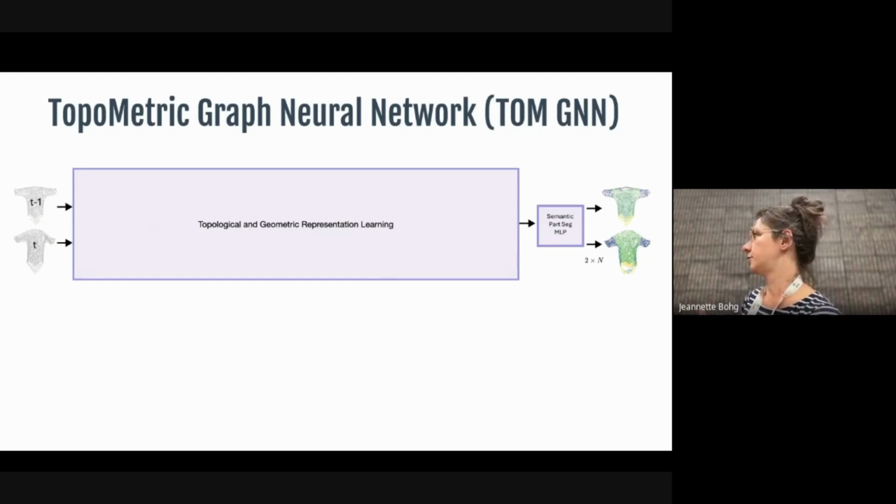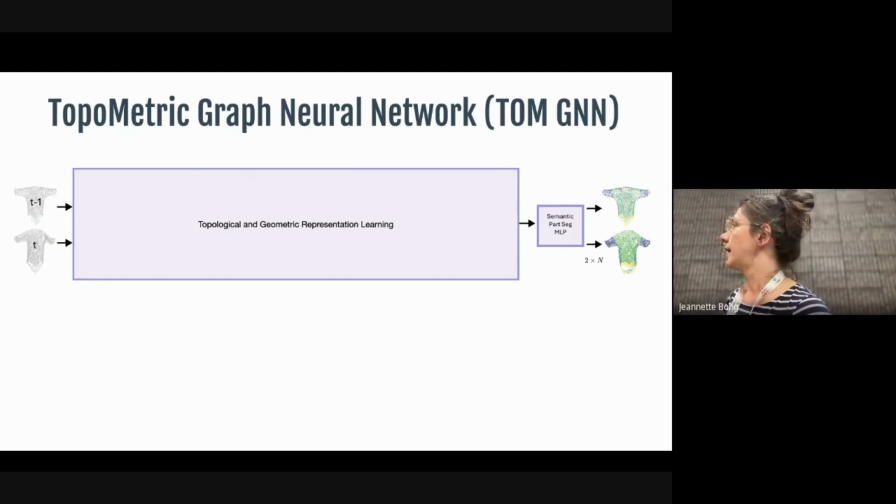In this paper, we also propose a new point cloud processing architecture for this problem of part segmentation, and we call this topometric graph neural network, or TOM-GNN. And here's just the input and the output for this network. We take not a single point cloud as input, but two consecutive point clouds to also exploit temporal information.